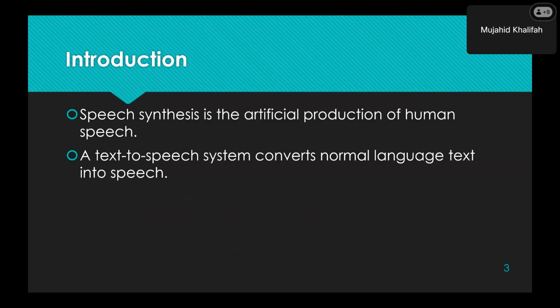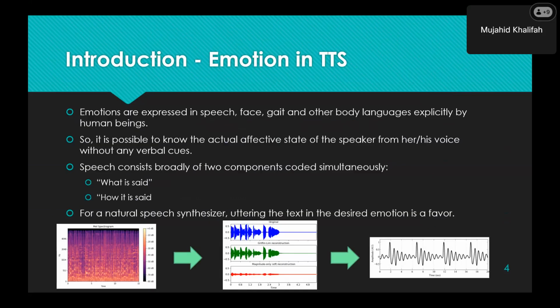And emotions are expressed in speech, face, gait, and other body language explicitly by human beings. So it is possible to know the actual affective state of the speaker from her or his voice without any verbal cues.